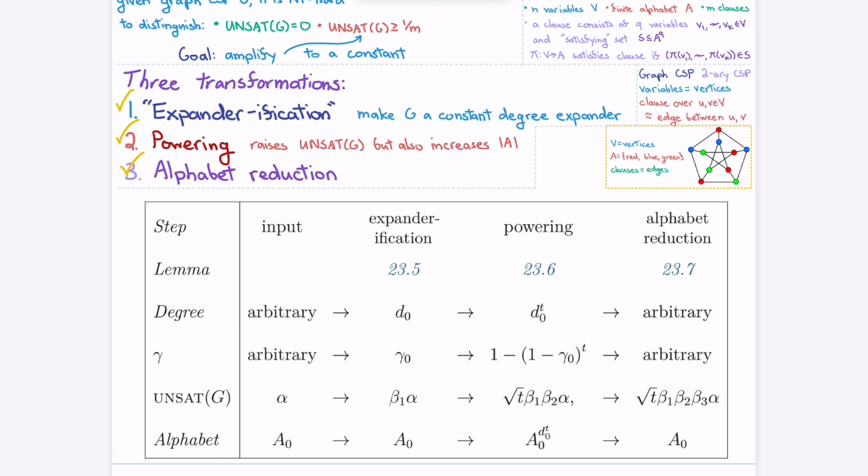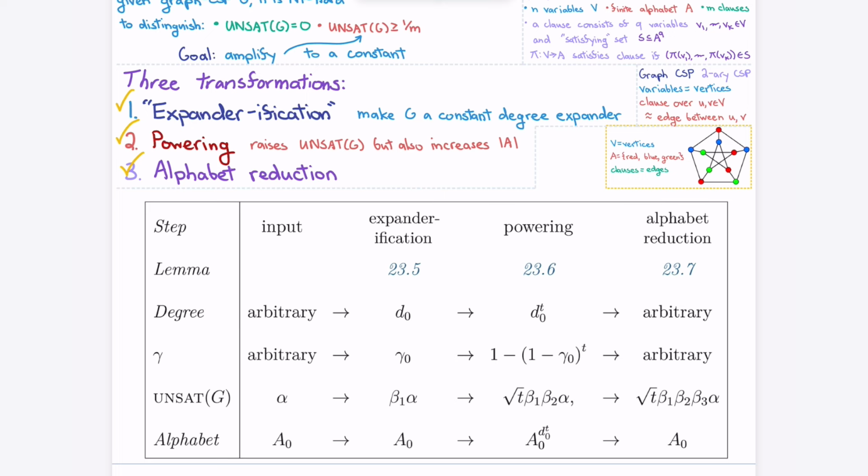You can handle any input degree. The spectral gap, you can always fix it, and even though it gets messed up by alphabet reduction, you'll be able to fix it next time. You need the mixing property to be good because of the conjunction thing. Now the real thing is unsat.